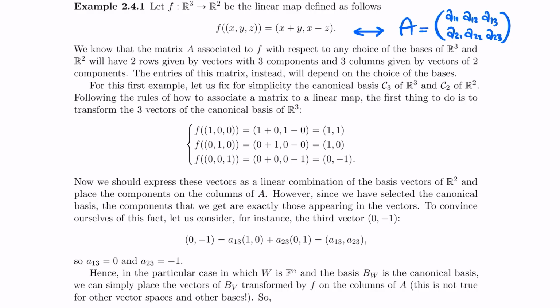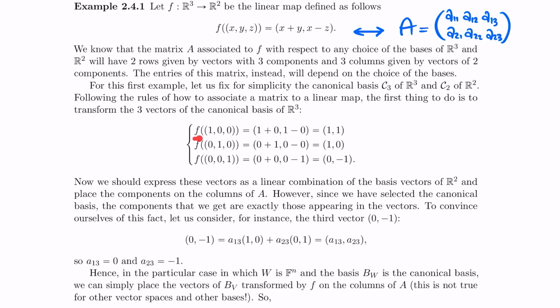This is the first example of association between a linear map and a matrix, and so for simplicity, we consider the canonical basis C3 of R3 and the canonical basis C2 of R2. Following the practical method that we have just discussed, the first thing that we have to do is to apply f to the vectors of the canonical basis C3.